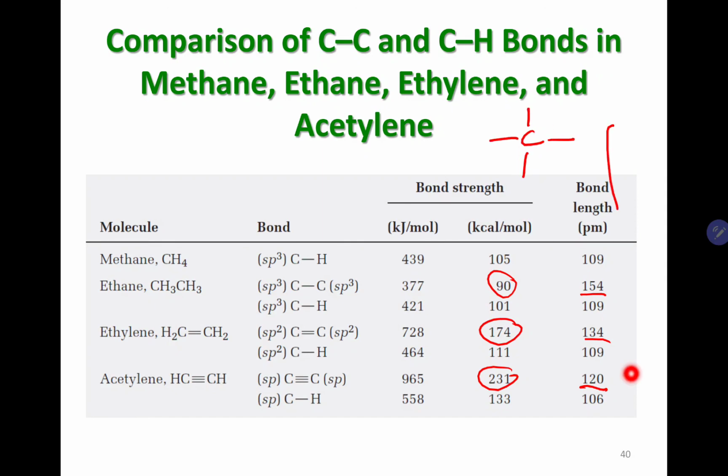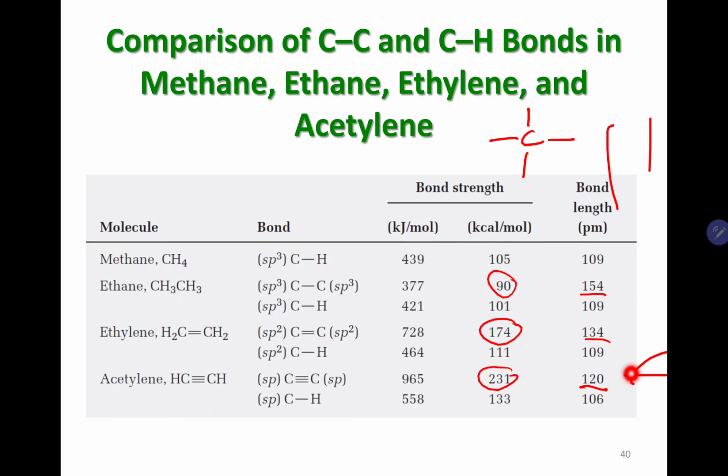That is something important to remember. So if you have a carbon, you will always try to give four bonds to that carbon. And then carbon can have single bonds, double bonds, or triple bonds based on the hybridization of the carbon atom.